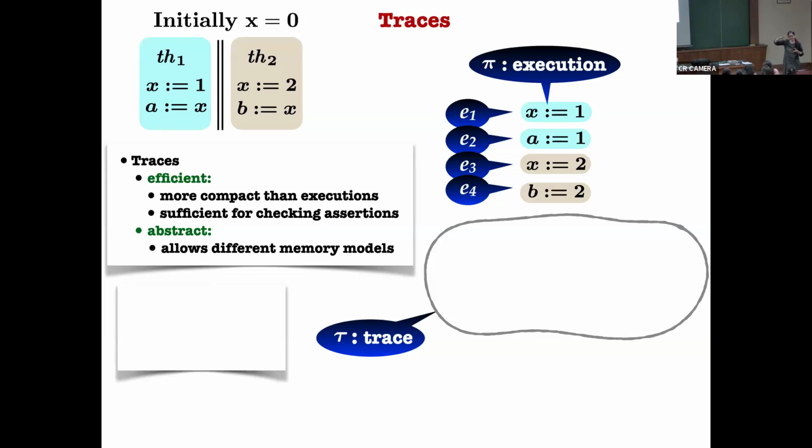RA is still better behaved, even though it's undecidable. If you think of full RC20, they have things called atomic and non-atomic accesses when you read and write. These non-atomic accesses are very nasty because they can be racy. They can create races in the program, whereas RA has only atomic accesses. That is why RA is better behaved amongst the lot.